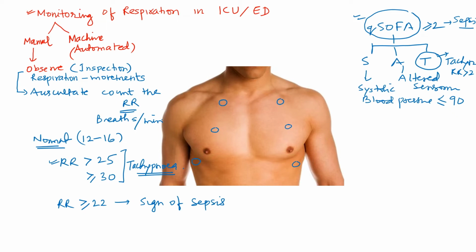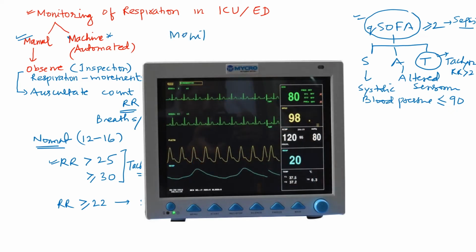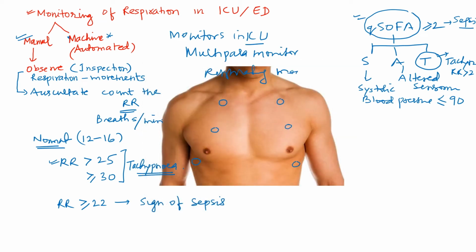Okay, now, as I said, we can do it manually. Now, what about machine? So we have monitors in ICU. Those monitors are called multi-para monitors, in which there is a respiratory module.